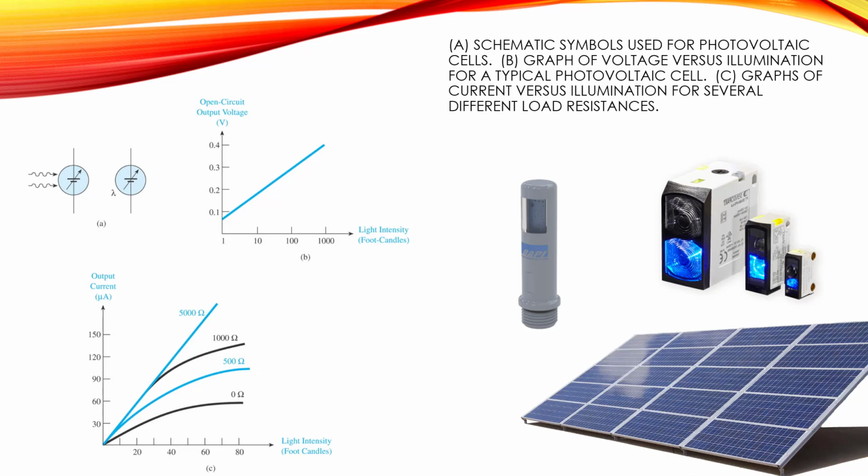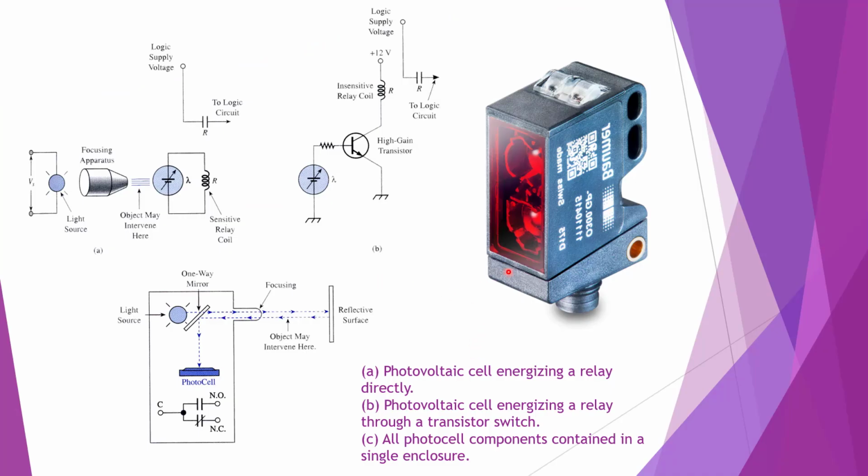In a case like that, I don't have to use limit switches because sometimes I can't actually touch the object that's being moved. Maybe it's too hot to be touched. Maybe it's too far away that if we had a limit switch arm that long, it would be wobbly. There's a lot of reasons why we might not be able to use a physical limit switch, but we can accomplish the same thing by detecting presence of something with a setup like this.